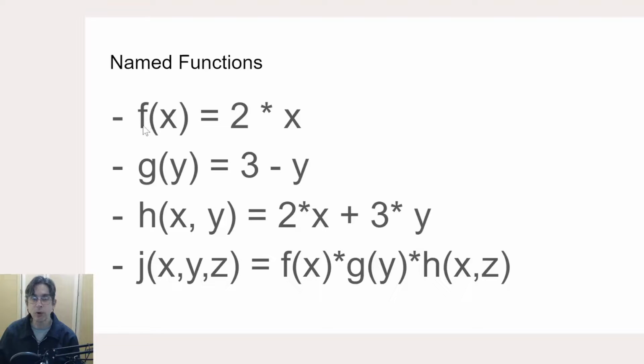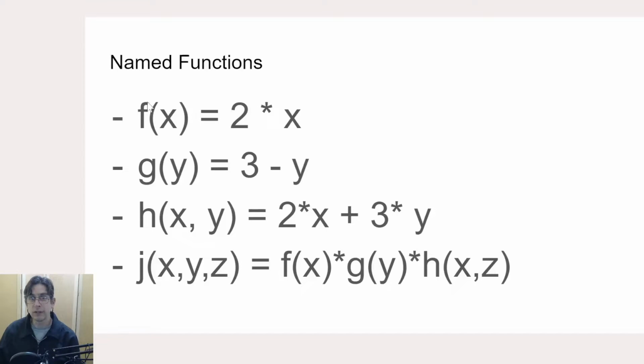The names of these functions are: f of x equals 2 times x, g of y equals 3 minus y, h of x and y equals 2 times x plus 3 times y, and j of x, y, and z equals f of x times g of y times h of x and z.